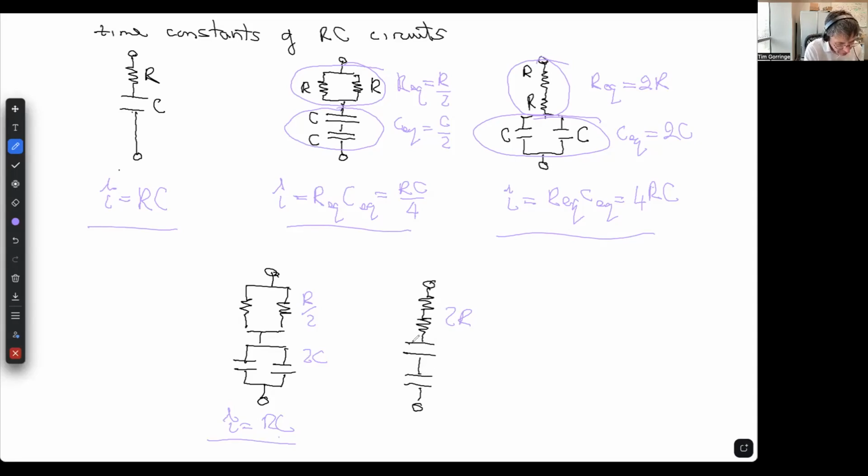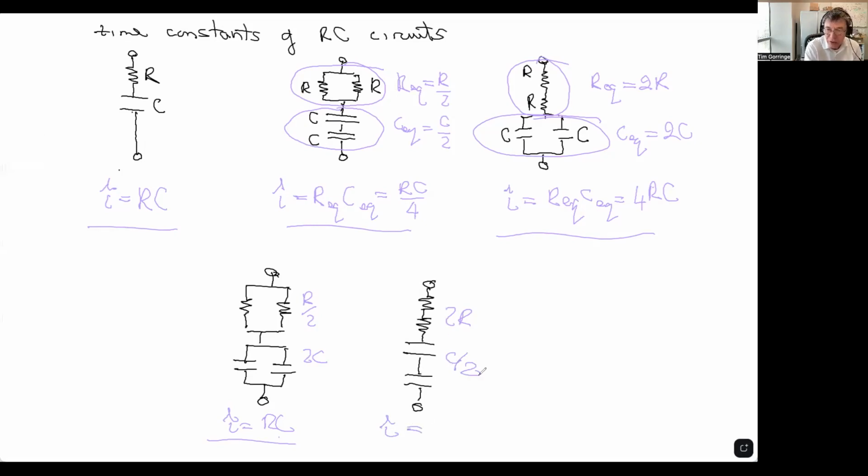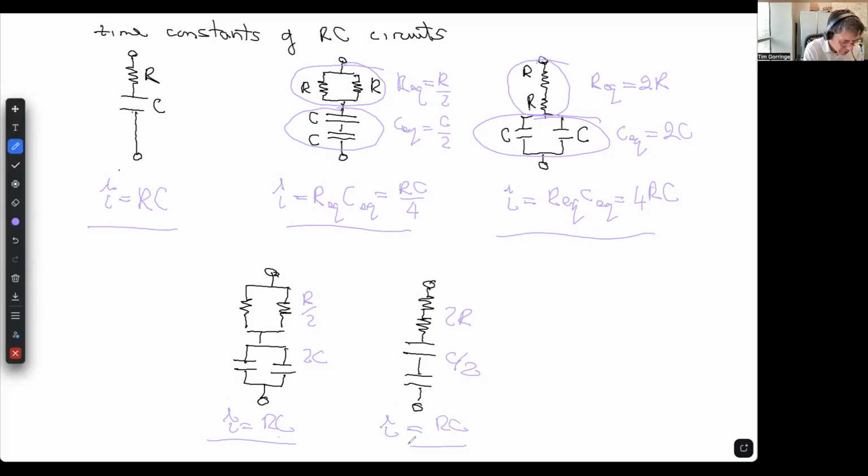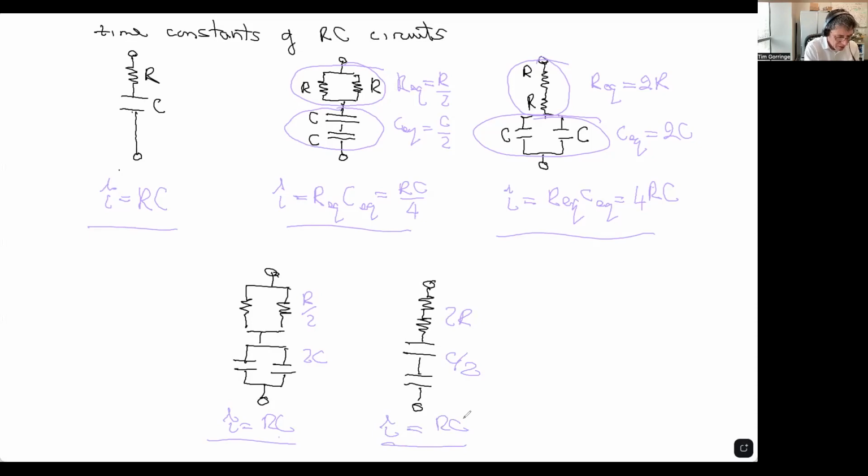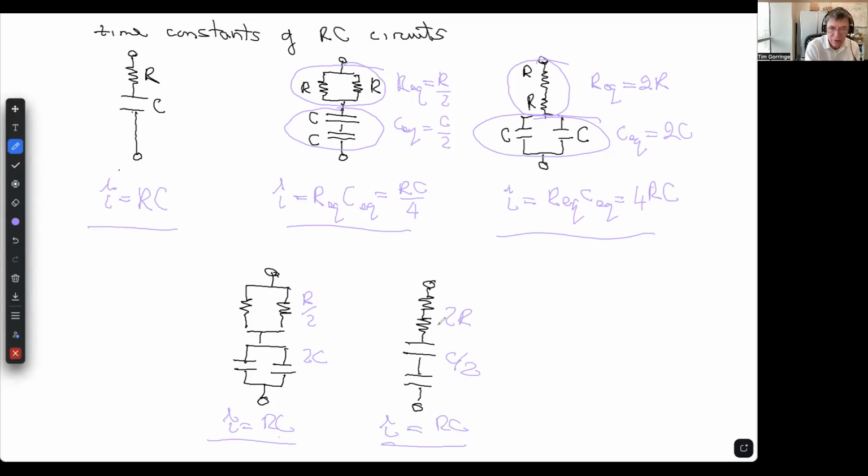But simply because it's two identical capacitances, this is just a capacitance of C over 2. So again, when we come to calculate the time constant of this arrangement, we've got 2R times C over 2. The 2 in the numerator and 2 in the denominator cancel out. We've got an RC time constant that is, again, just RC, just the product of the individual values of the resistance and the capacitance. And again, it's the same as our reference circuit over here.